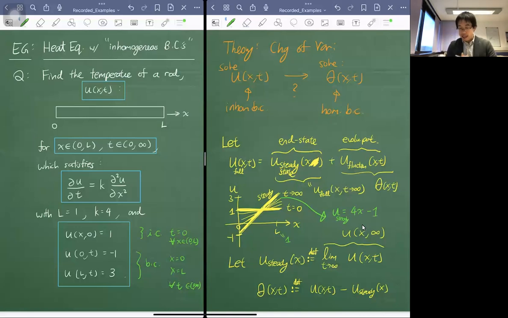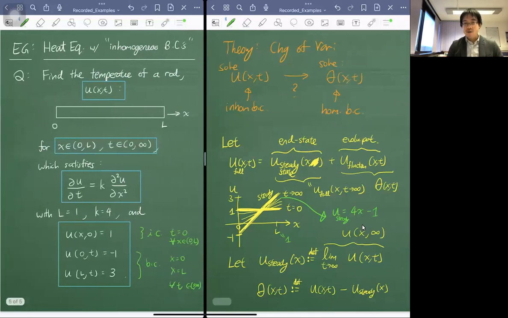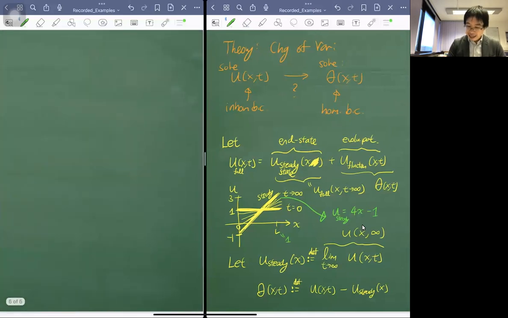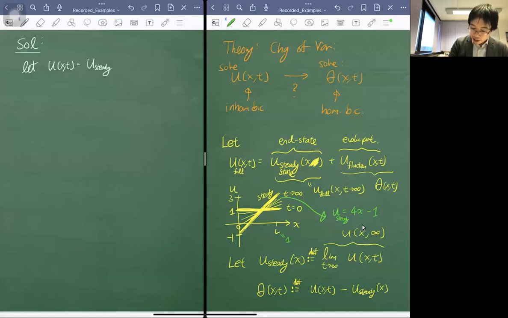Okay, all right. So how would we present this? How would we write this out as in our solution properly? Okay, so this is how we can present. We'll say let u of x, t equal u steady. If you don't like u steady, you can write u bar or something.